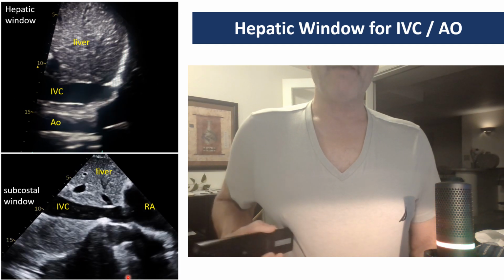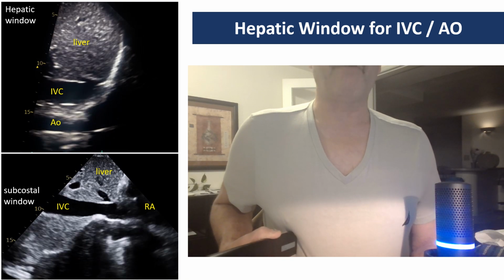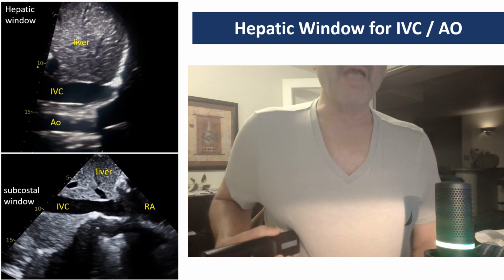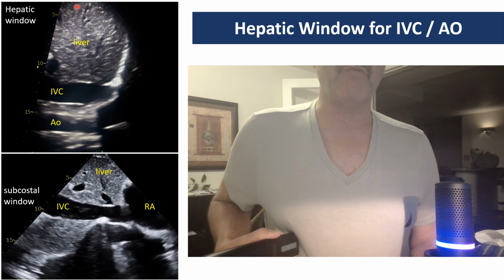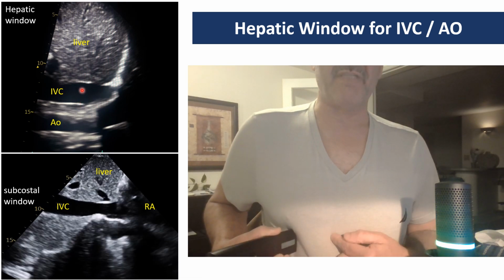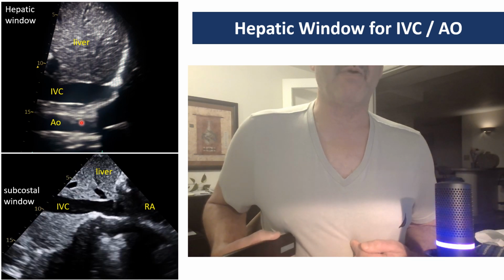When we do it, fan left and right, suddenly one of them, or most of the time both of them, show up. First, we will see the liver as an acoustic window, and toward the bottom of our image, we will see first the IVC, because the IVC is on the right side. Then posterior to the IVC, we will see the aorta.